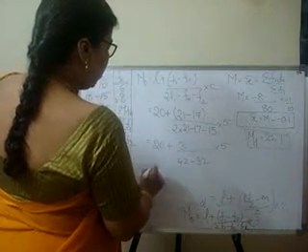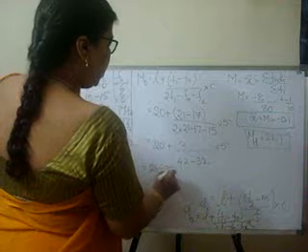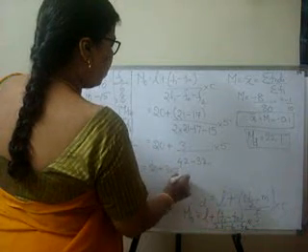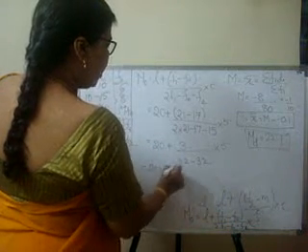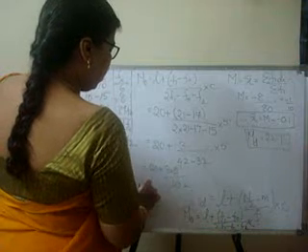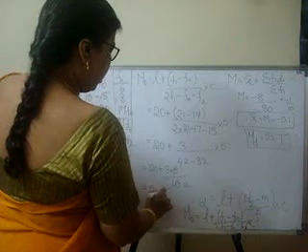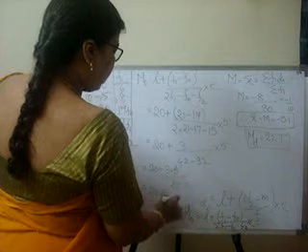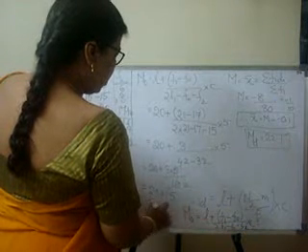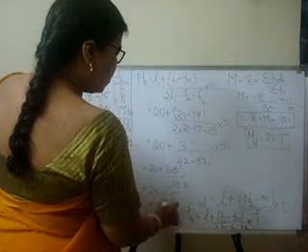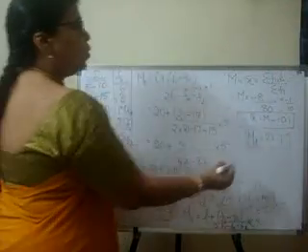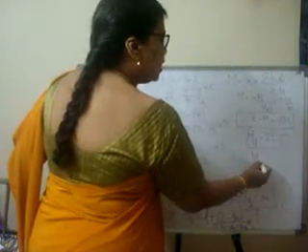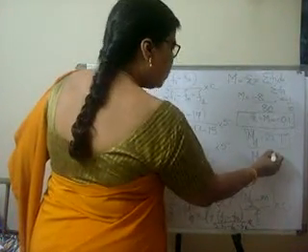So 20 plus 3 into 5 by 10, which is 20 plus 1.5. That is 21.5, the mode.